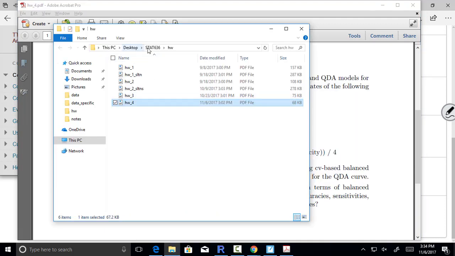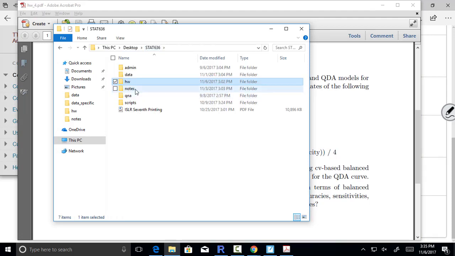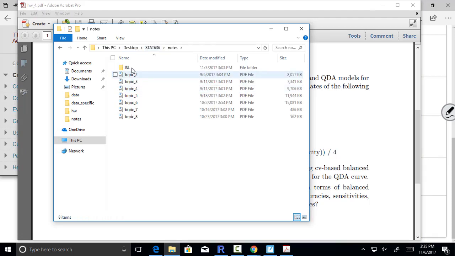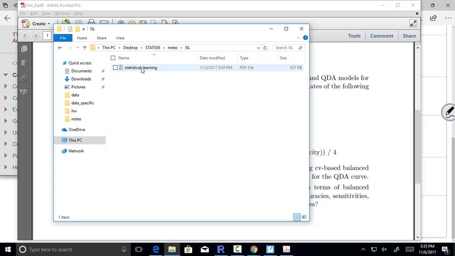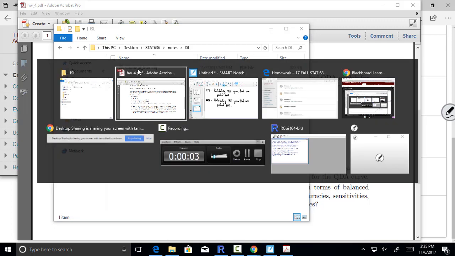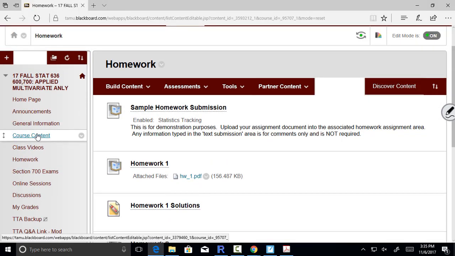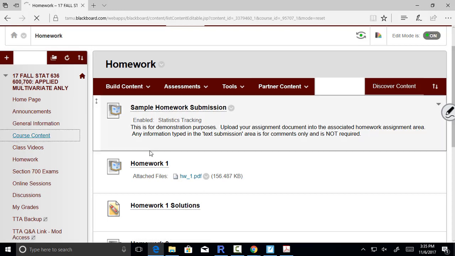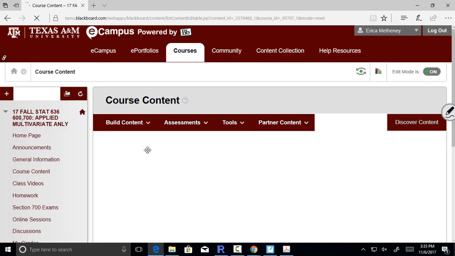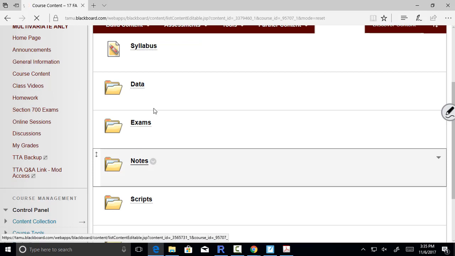Okay. So let's go back to the notes. We finished up this chapter 1 that was an overview of statistical learning. Now let's see what the next one is.